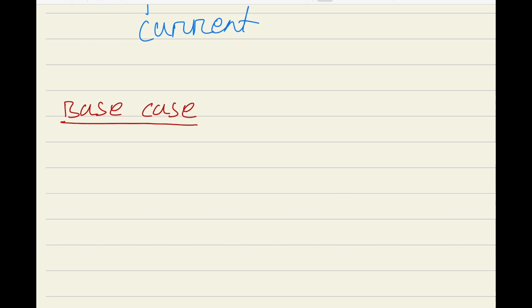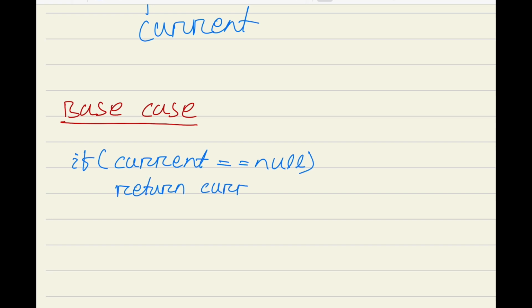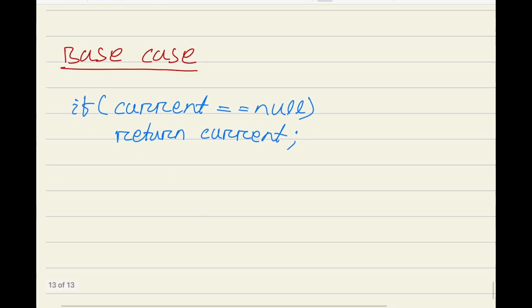If the value of current is null, then return current. So if current equals null, return current, that means if the list is empty, return null.